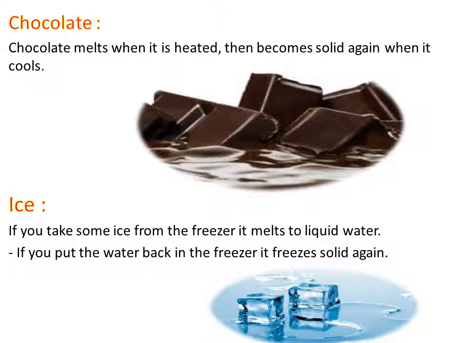If I take it and put it in the freezer and cool it, it is going to be solid again. Another example, ice. If you take some ice out of the freezer, it melts to liquid water. If you put the water back in the freezer, it freezes solid again, right?